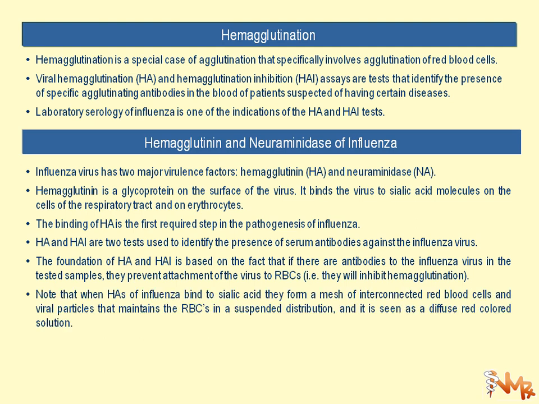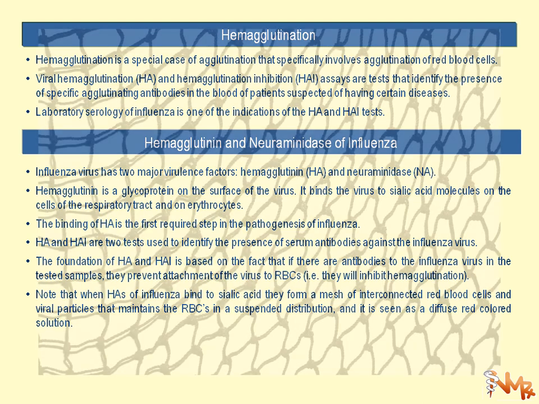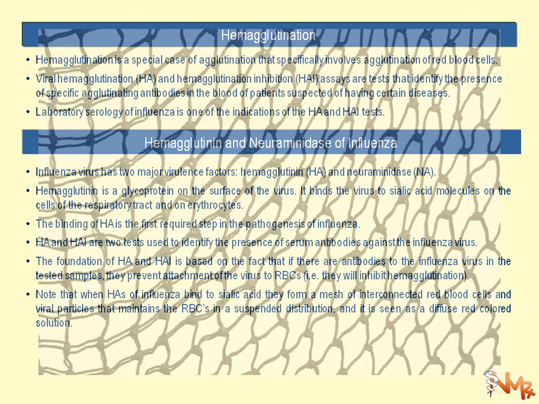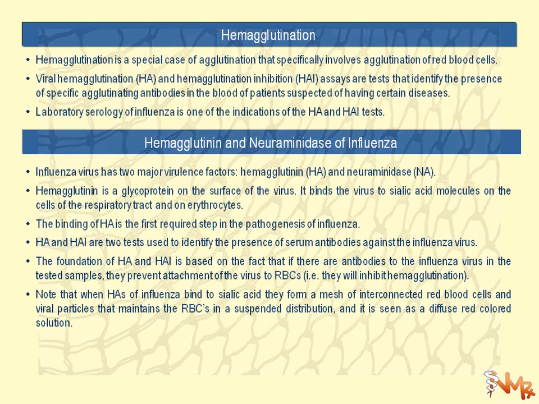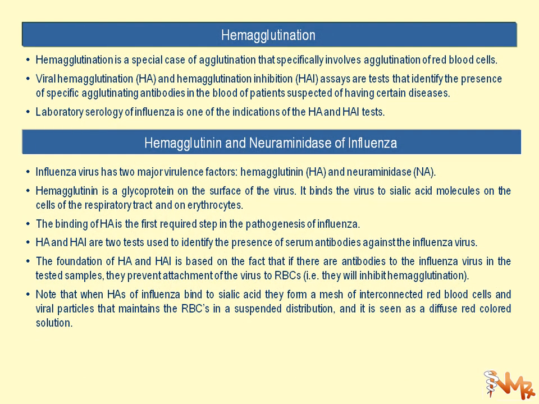Note that when hemagglutinins of influenza virus bind to sialic acid, they form a mesh of interconnected red blood cells and viral particles that maintain the red blood cells in a suspended distribution, and as a result, this is seen as a diffuse red colored solution in the lab.